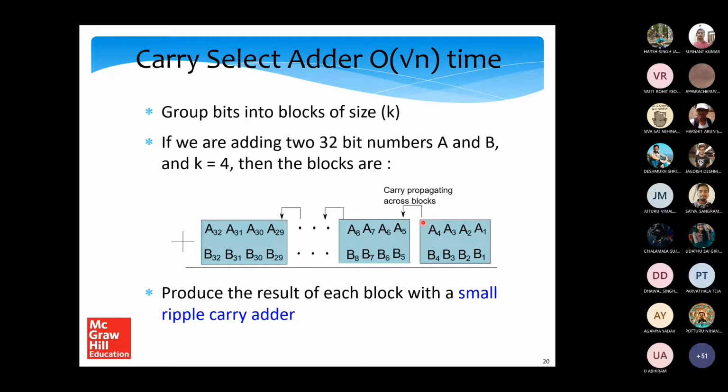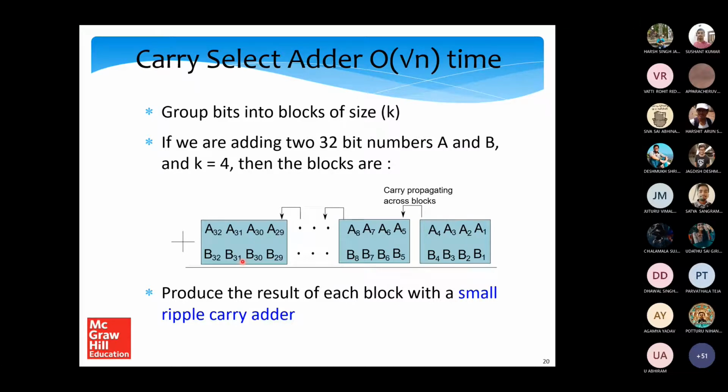So if I generate both the 0 carry and the 1 carry together, without even knowing what the previous block actually gives, then I can provide the input to the next block. I assume that the carry is 0 as well as 1. So I will design two circuits for this. One takes carry 0, another takes carry 1. Similarly, I will do the same thing here, and this goes on.